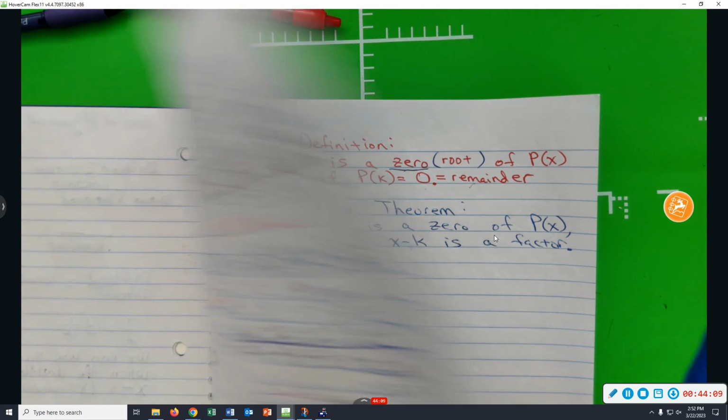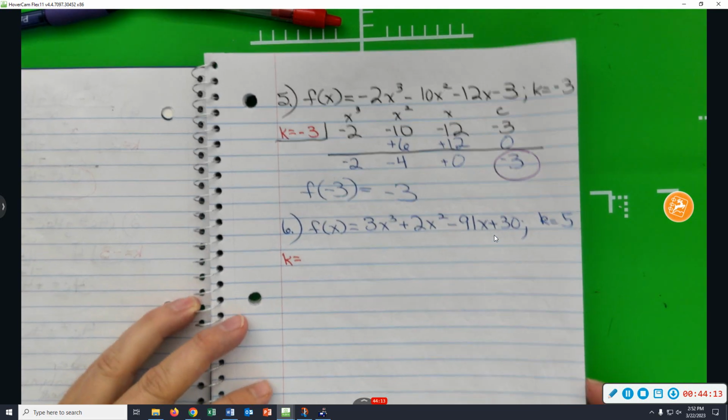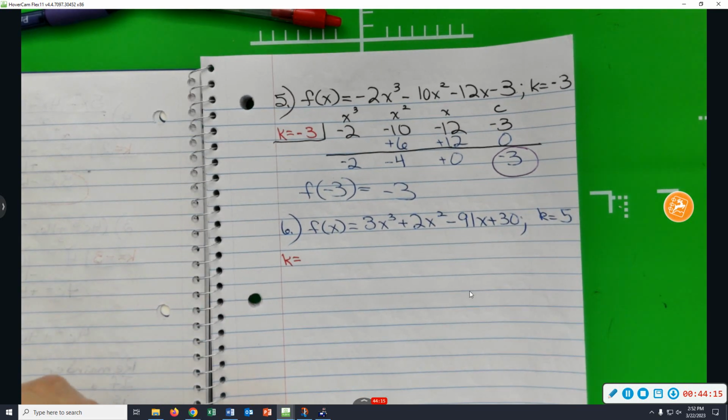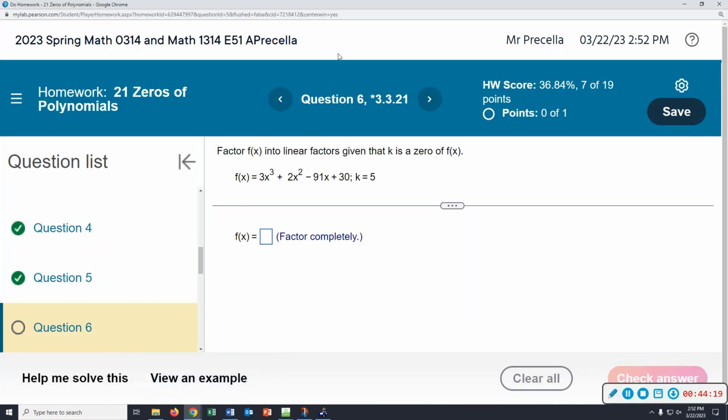let's go back to that number 6 that I so haphazardly wrote down, thinking that we were using the remainder theorem. Let's read the instructions for number 6 once more. Factor f of x into linear factors given that k is a 0 of f of x.